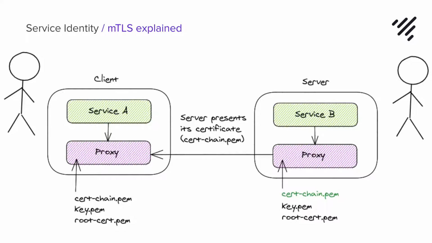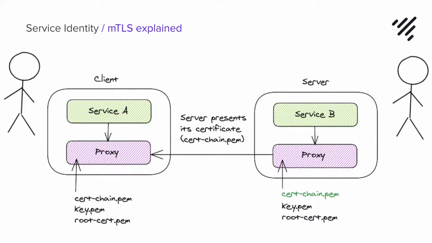Inside these crypto bundles will be the root of trust of the mesh, along with a signed certificate, which will contain their machine identity, the service identity, as well as the private key, which is the corresponding pair with the signed certificate. And these will be stored inside the proxy. These will be used to open connections up to the other proxy.